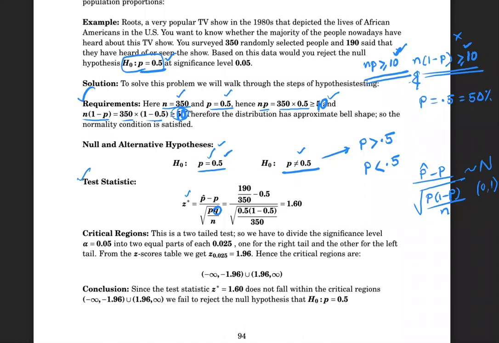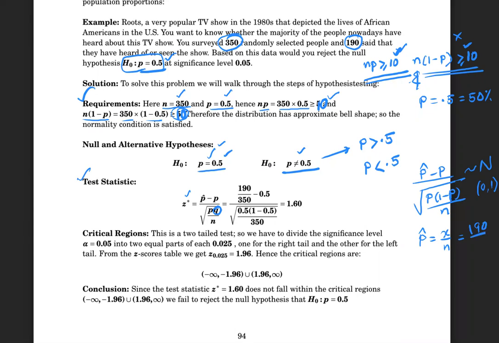Now, P hat is X over N, which is 190 people who said that they heard of the show out of 350.